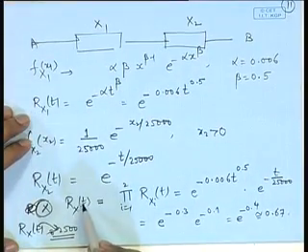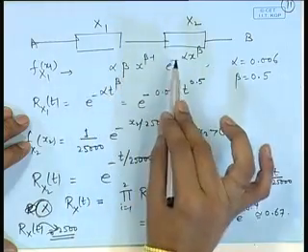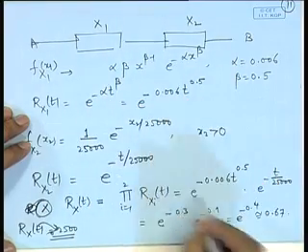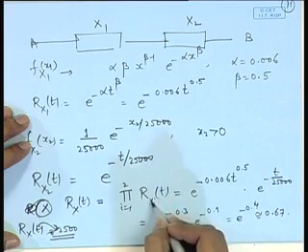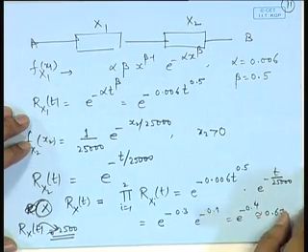So, the reliability of the compound system, which consists of two components connected in series, can be evaluated by multiplying out the reliabilities of the individual components at the given time.